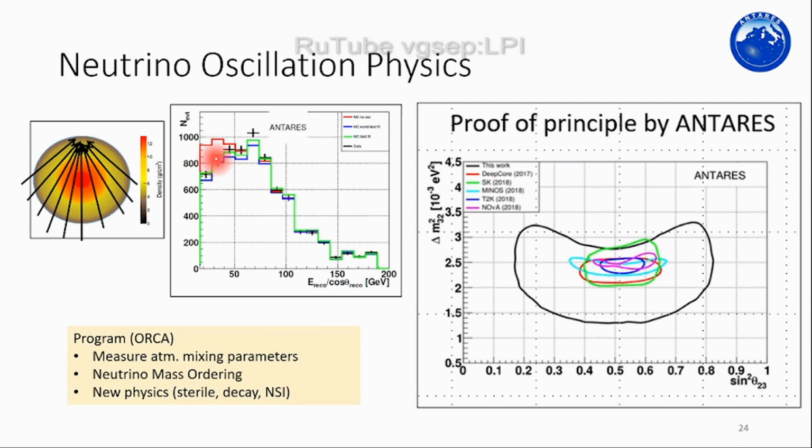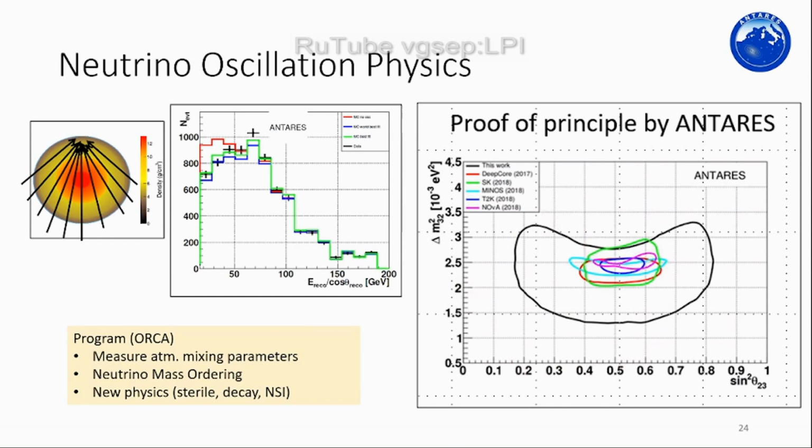In the case of oscillations, blue, and in case of your own fit, depending on the neutrino oscillation parameters. So in this way, you can measure neutrino oscillation parameters. This was done by ANTARES: sine squared theta 2,3 and delta m squared 3,2. So sort of the atmospheric oscillation parameters. Not very competitive, this black line, but at least we knew we could do this.